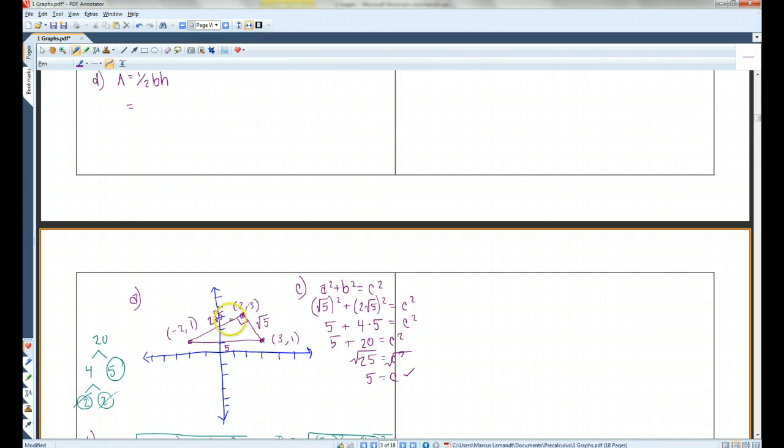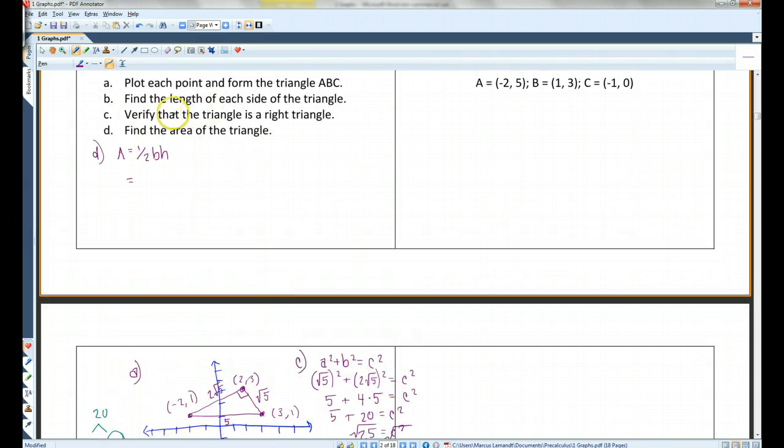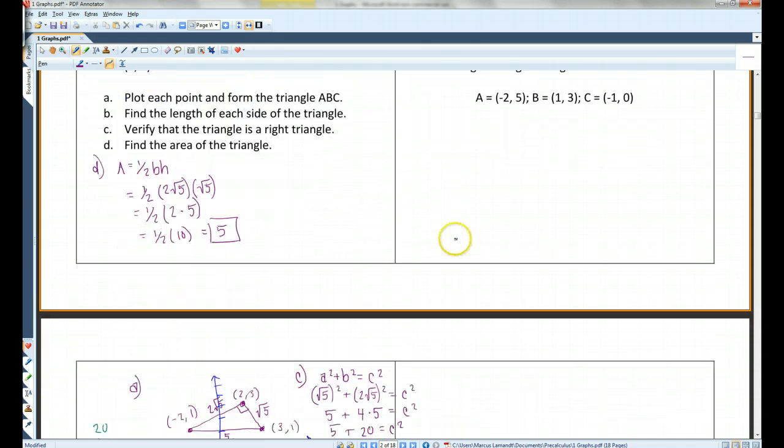Okay, so I'll make this the base and this the height. 2 root 5 times root 5. Now root 5 times root 5 is just 5. Half of 10 is 5. There you go. Alright, you guys can try the you try problem.